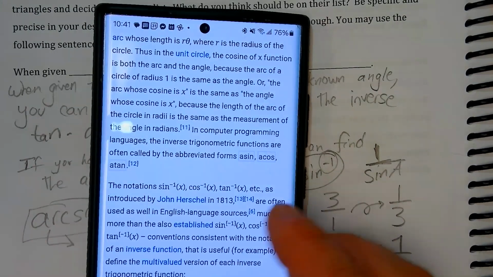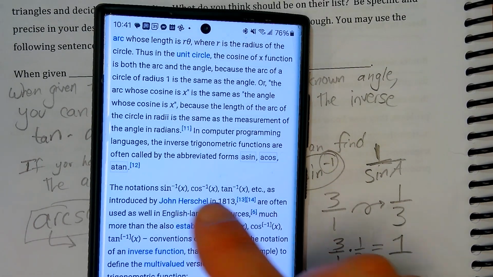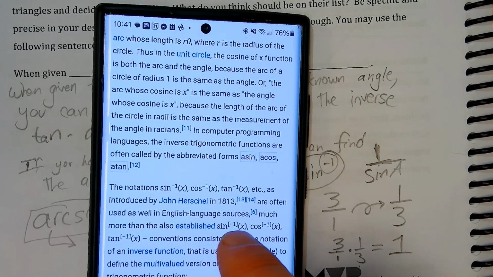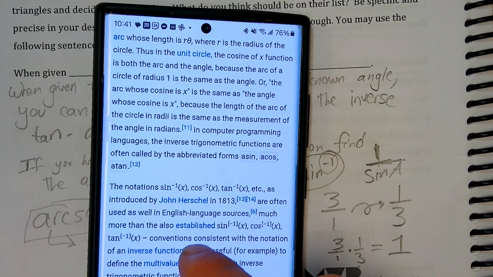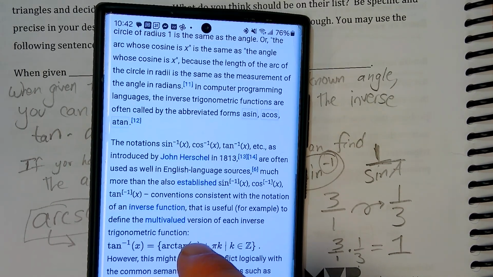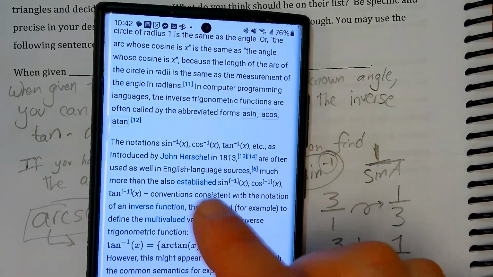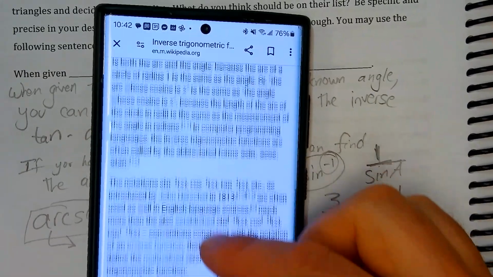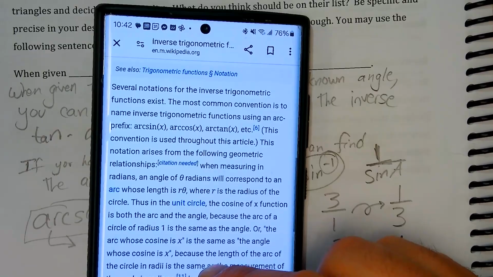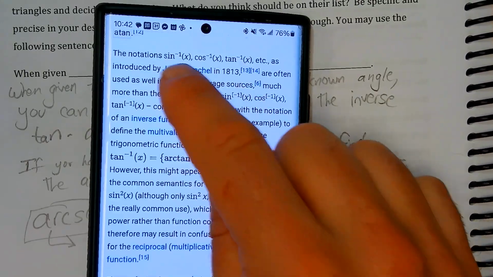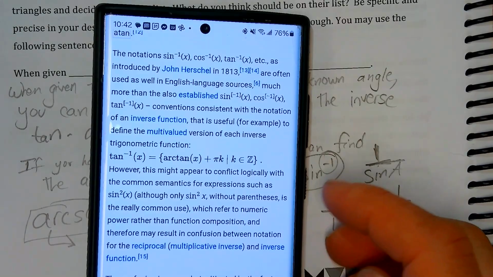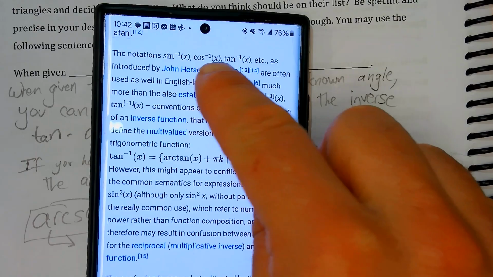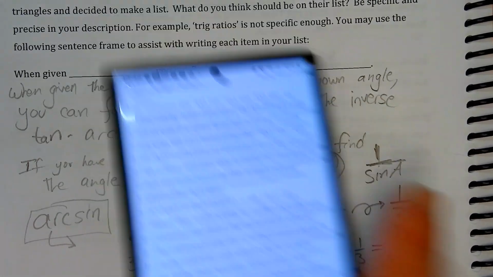The notation sine to the negative 1, introduced by John Herschel in 1813, is often used in English language sources. So in Mexico and Latin American countries, they don't use sine to the negative 1. They use arcsine. That's why I was associating it with Spanish. But I guess it's worldwide. English speakers are the only ones who do these weird things, and someday, hopefully, I mean, it's fine, it's cool, but it doesn't mathematically make sense with that little negative 1. So I hope we switch to just using arcsine.